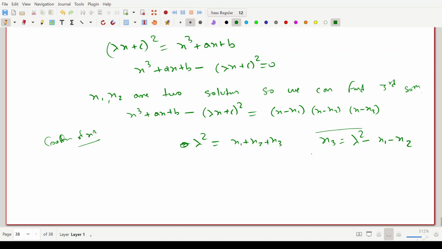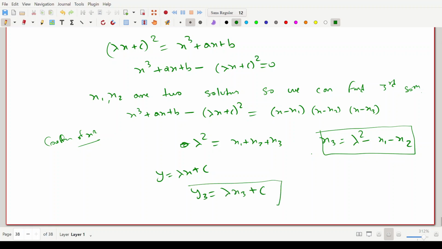This is what x3 is. I got the value of x3, and now we know that y equal to lambda x plus c satisfies the point x3 y3. So I can get y3 is equal to lambda x3 plus c, and we know the value of c. C can be written in terms of x1. What is c? See, y1 equal to lambda x1 plus c. So c equal to y1 minus lambda x1.